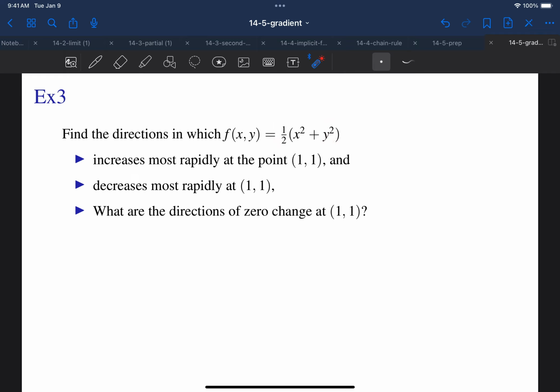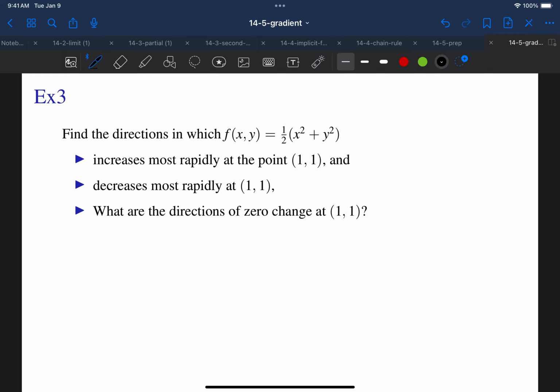Now our question is in which direction you should go to increase most rapidly at the point (1, 1), decrease most rapidly at (1, 1), and what are the directions of 0 change at (1, 1).